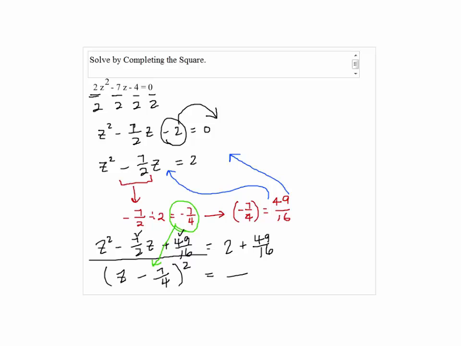Equals 2 plus 49 over 16, so it will be 32 over 16 plus 49 over 16. So that will give us 81 over 16.